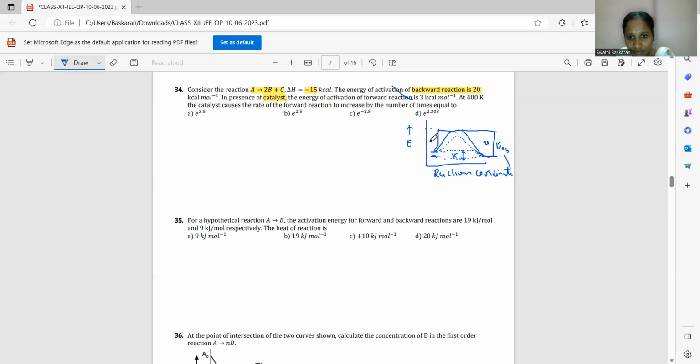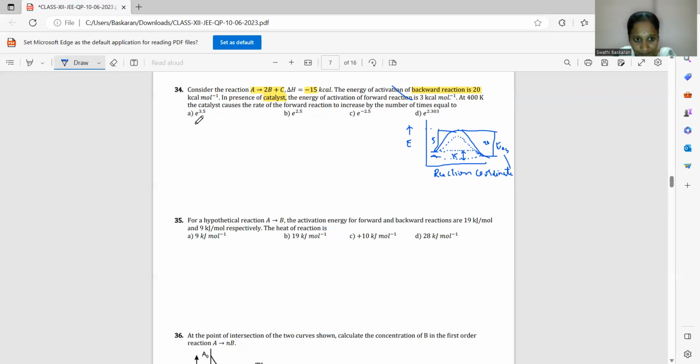So the activation energy of the forward reaction will be 5 kilocalories per mole. Correct? Now it is understood that in case of using the catalyst, the activation energy is becoming 3, which means that the activation energy is being decreased. Correct?